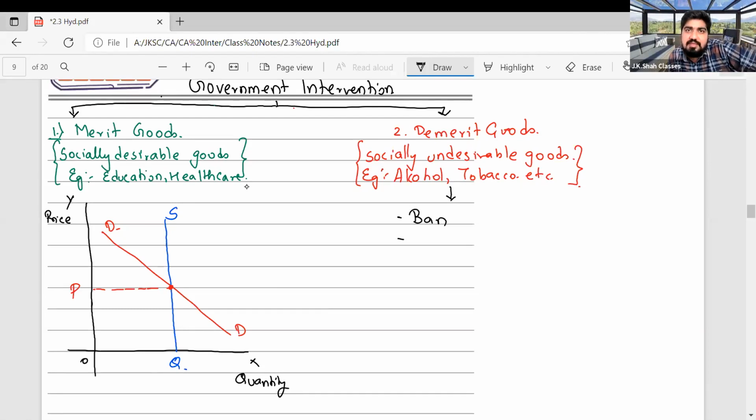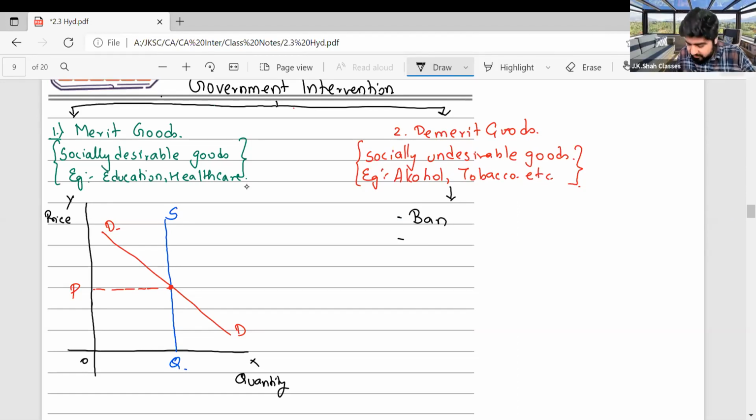Because we are living in a country where people evade taxes. The poor do it because of ignorance, not the poor. Poor doesn't pay tax. The people who are rich but illiterate do it because of ignorance. But the people who are rich and literate try to find loopholes in the same system and try to evade the taxes. Correct? So if everything is banned, where will government get money from?